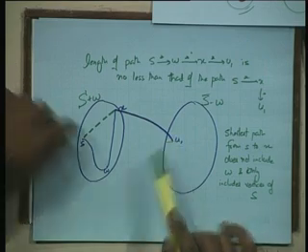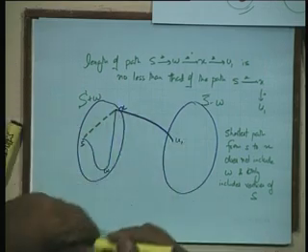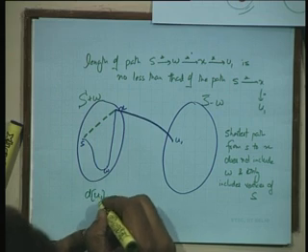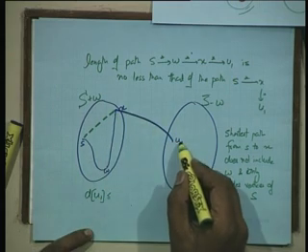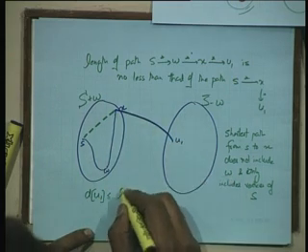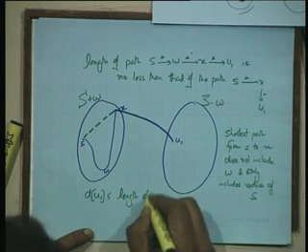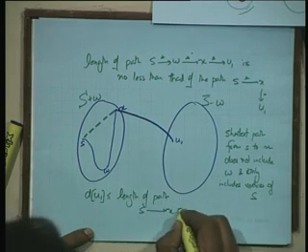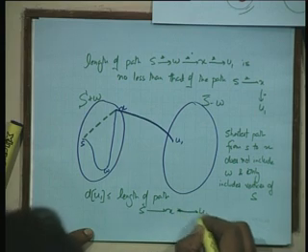But what do I know about this? About this I know that d of u1 is less than or equal to the length of path S to x to u1.